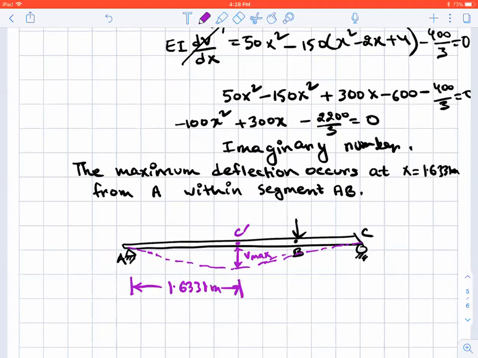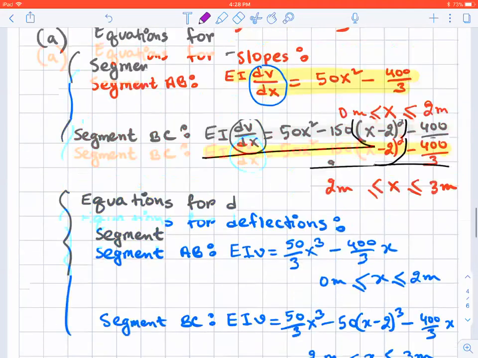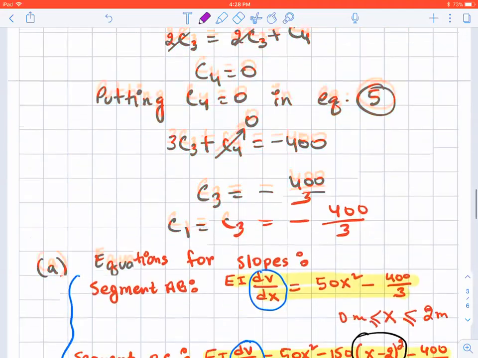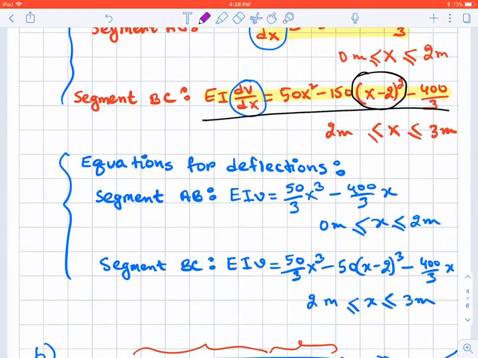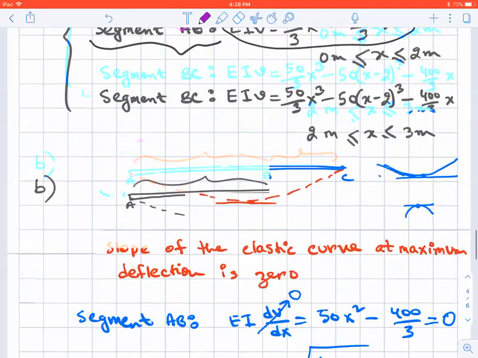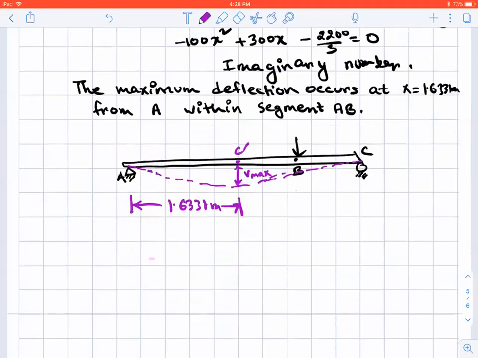So for the maximum deflection, which equation should I be using? I will be using the equation for segment AB, and instead of x, I'm going to write 1.6331.